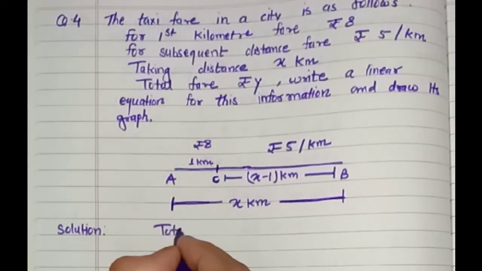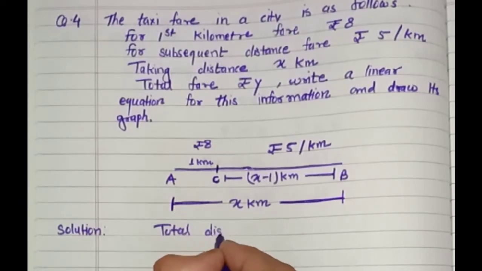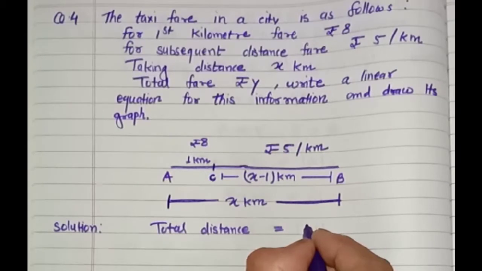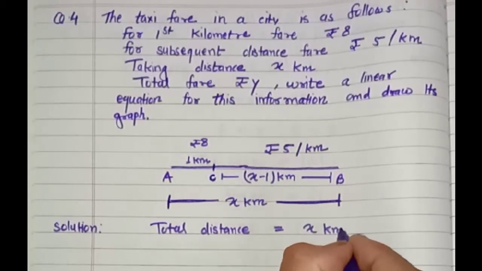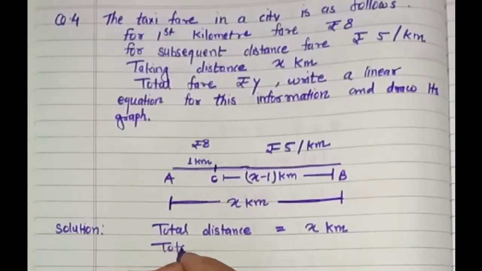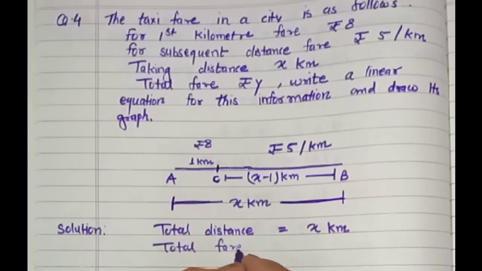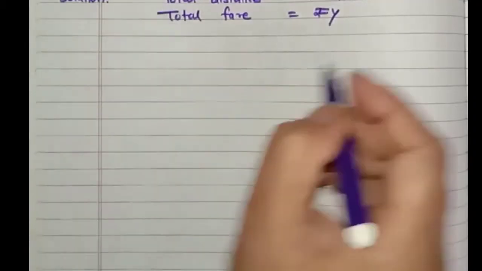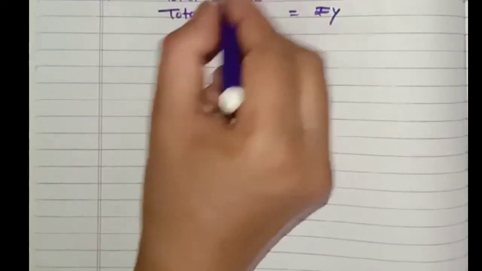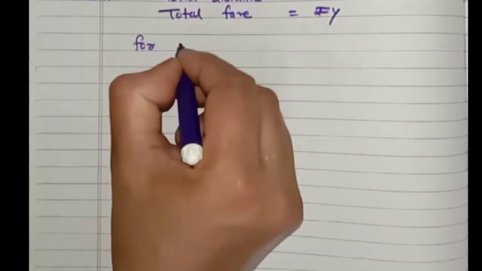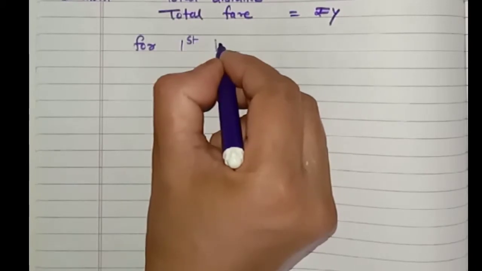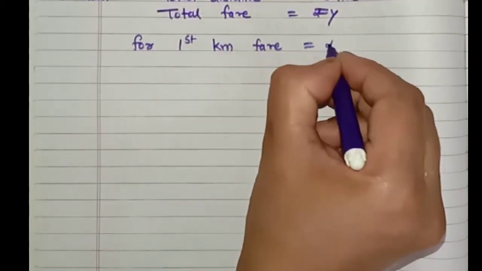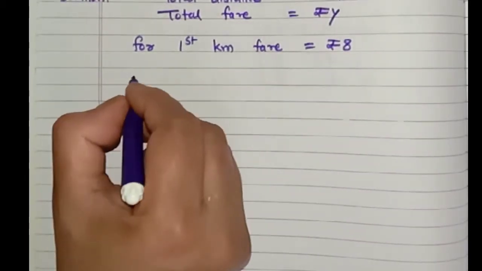Total distance. It is given that the total distance is x kilometer, and the total fare is rupees y. It is given that for the first kilometer, the fare is rupees 8.